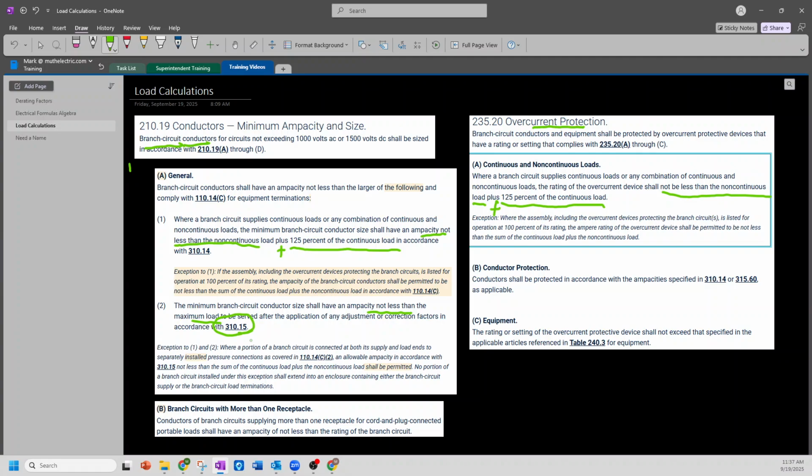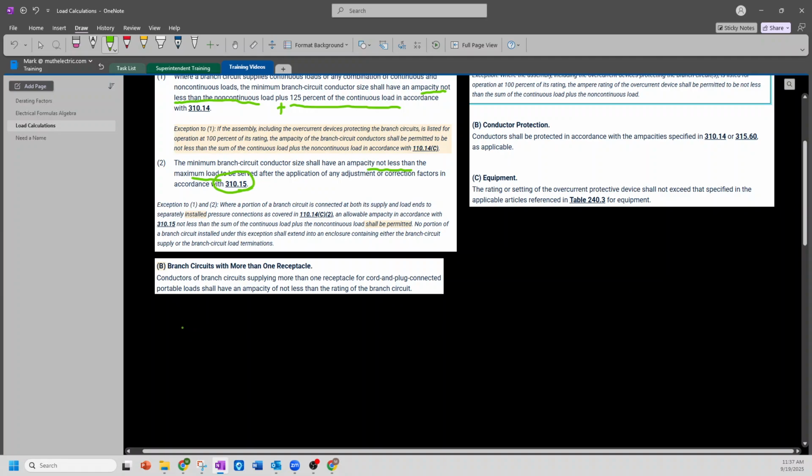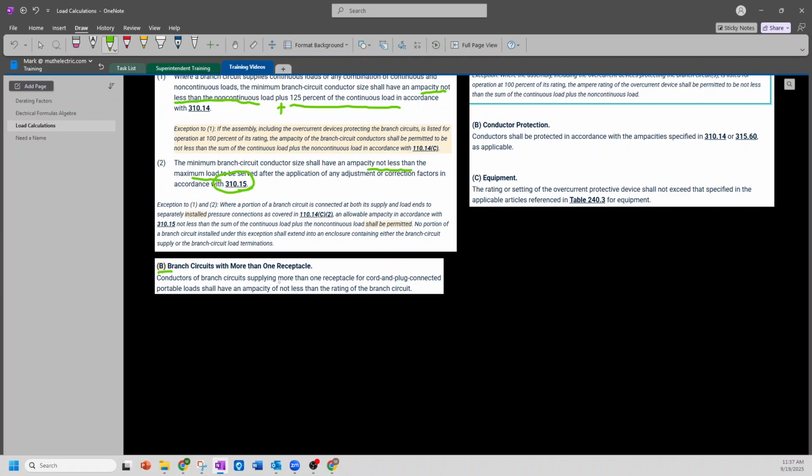Okay, so let's just move on down here and we'll go ahead and get started. Before we do get started, I want to point out B here. It says conductors of branch circuits supplying more than one receptacle, so that means a duplex receptacle is more than one receptacle.